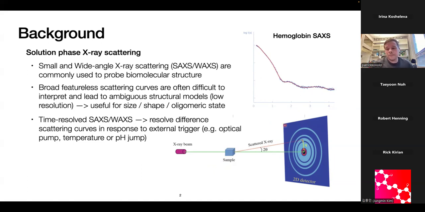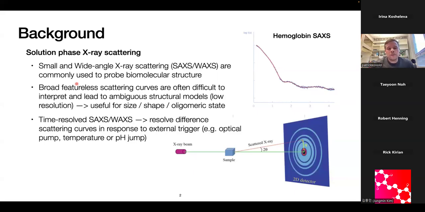By plotting this scattering intensity as a function of angle, as you see here for hemoglobin, you get a broad featureless curve, which can be used to determine features such as the size of the protein or the shape, and potentially its oligomeric state. But these are generally low resolution, not so useful for determining fine structure or dynamics within a biomolecule.